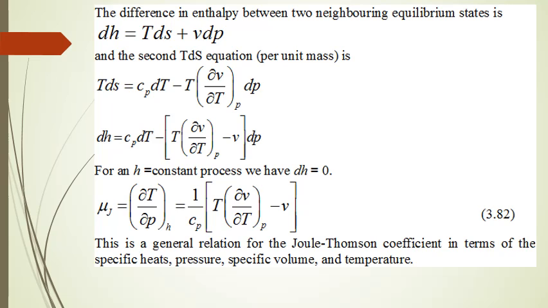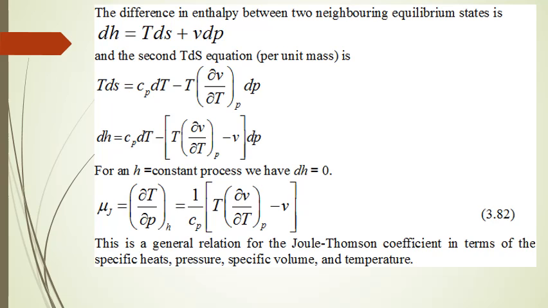Now, here we want to develop a general relation for the Joule-Thomson coefficient in terms of specific heats, pressure, specific volume and temperature. The difference in enthalpy between two neighboring equilibrium states is given by the relation dH is equal to TdS plus VdP.